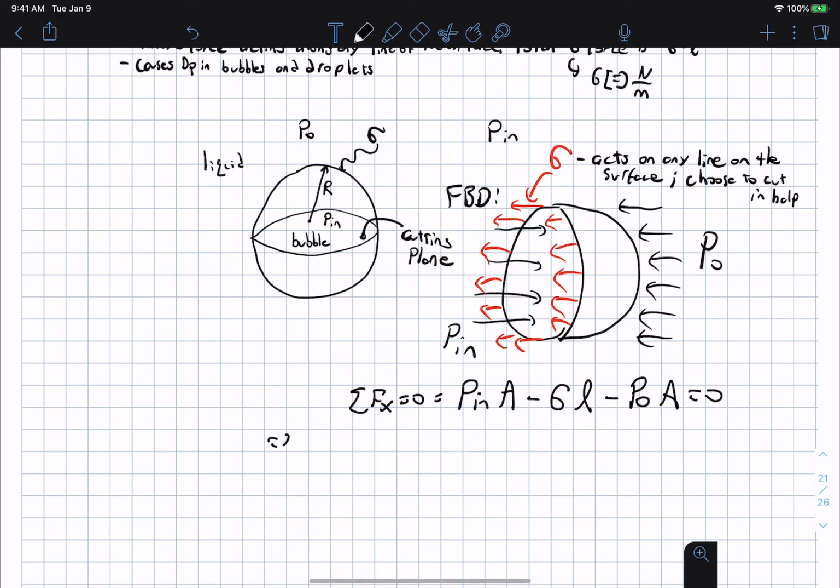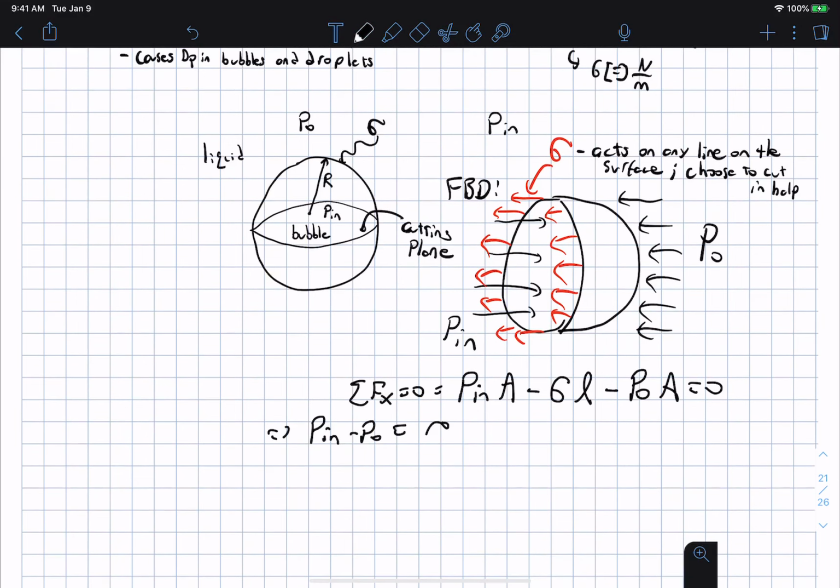Well, this implies that P_in minus P_out is equal to the surface tension times the length divided by the area. The area here is just the area of this circle, pi r squared, and this contact line is just the circumference, because it's the line along the interface, and that's 2 pi r.